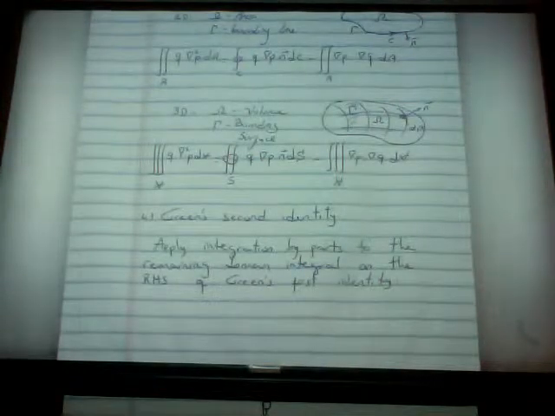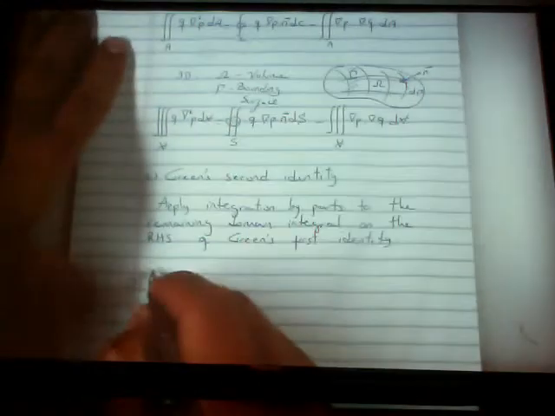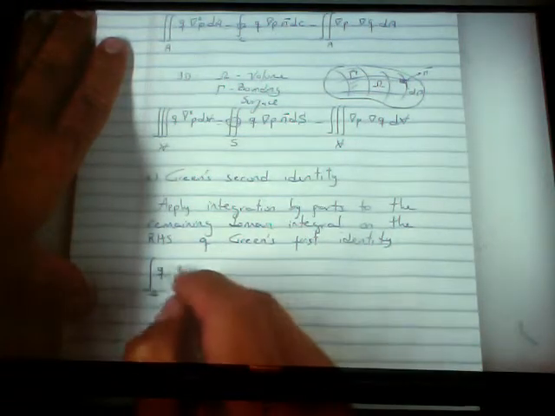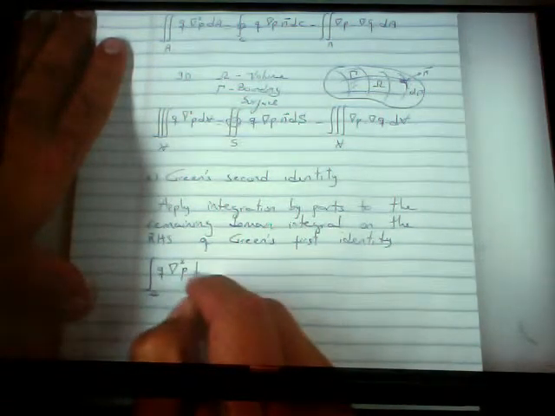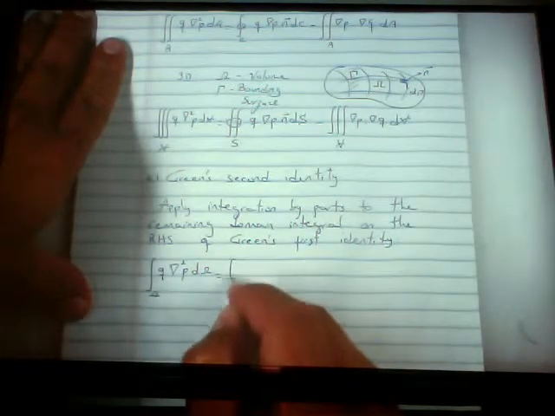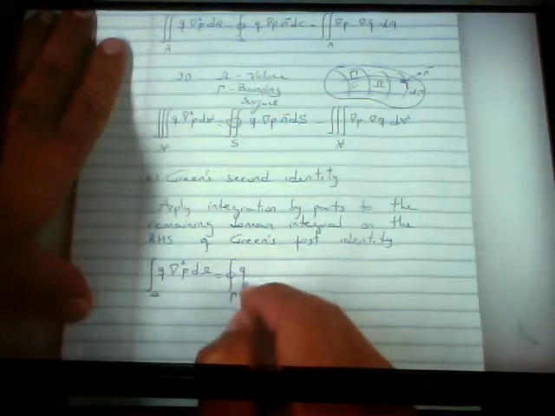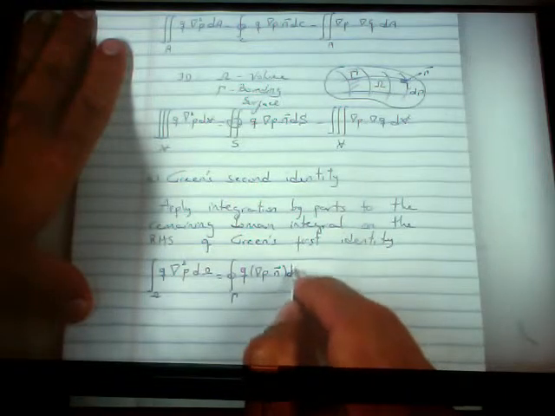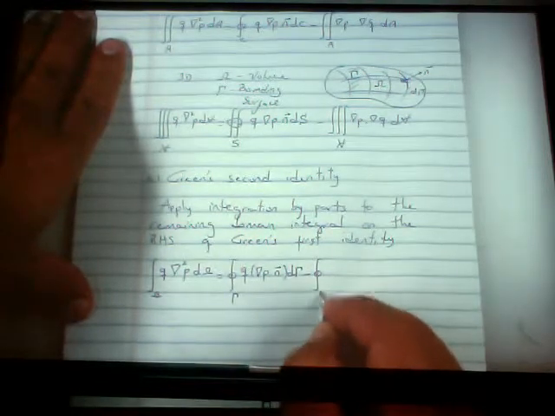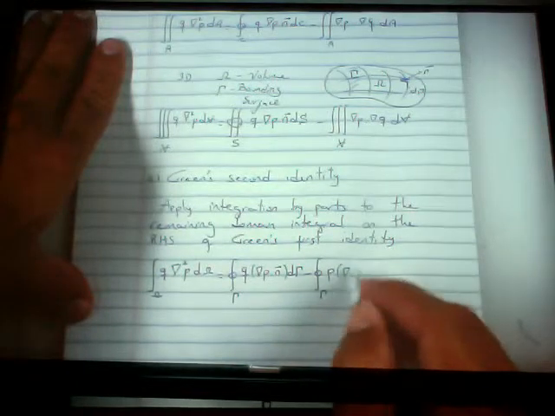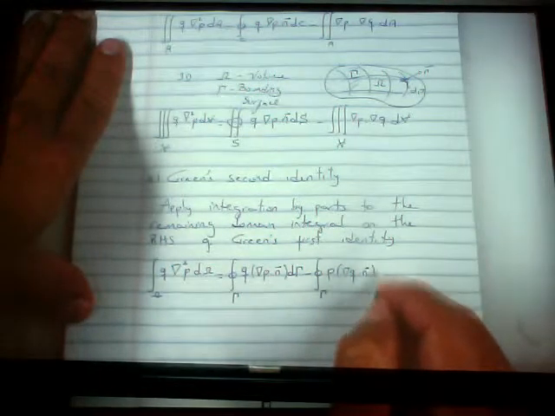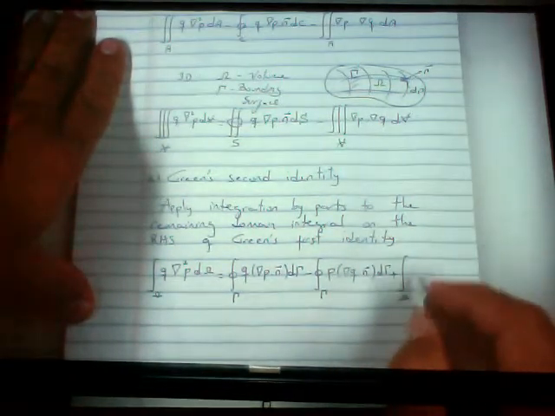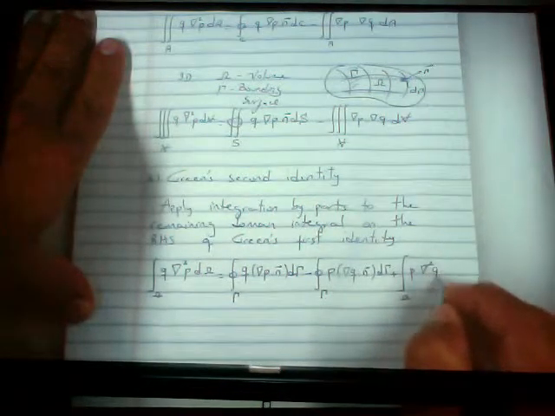So that results in the integral over a domain is equal to the integral over the boundary, minus the integral over the boundary again of p, plus the integral over the domain of p Laplace of q.